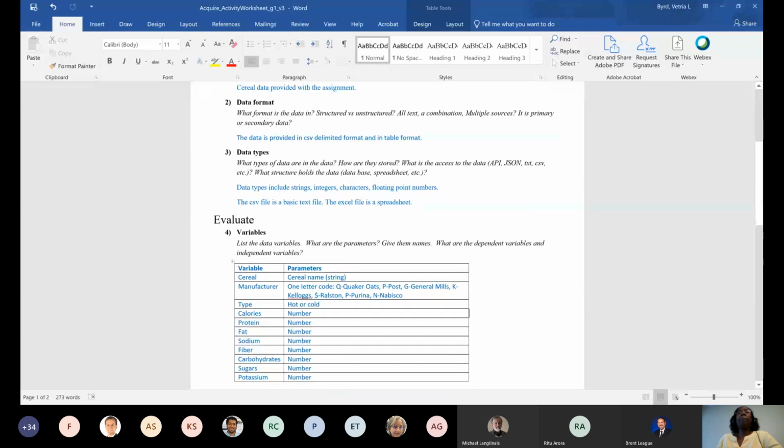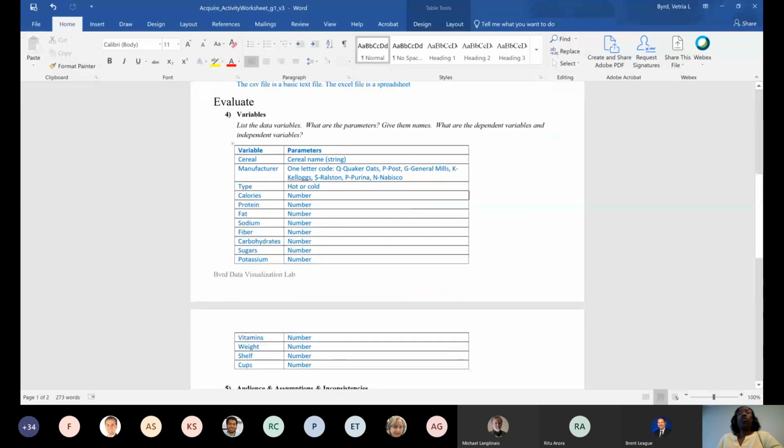We then go on to evaluate those variables. I made a list of all of the variables and the parameters to indicate if they are integers or numbers, and what exactly I would be expecting in this particular case.